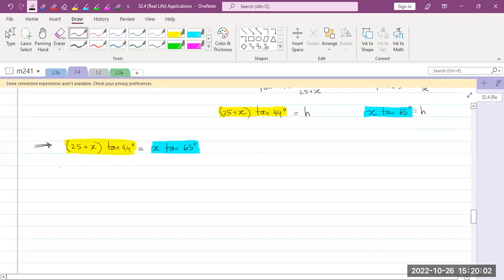Okay, so 25 tangent 44 degrees plus x tangent 44 degrees equals x tangent 65 degrees. I basically move the x term to the right hand side, so I subtract both sides by x tangent 44 degrees. And then factor the x.